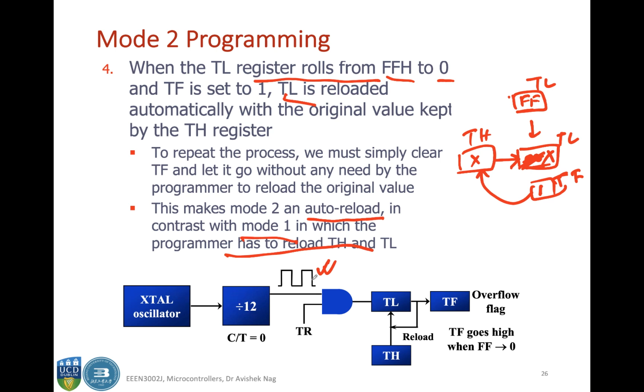So this clock, along with your TR, which is set to 1, runs your timer, and your TL is loaded with some value X from TH, okay, and it starts counting. Once it rolls from FF to 0, the overflow flag is set to 1, and that again instructs TH to reload TL with X again, and then the process continues.